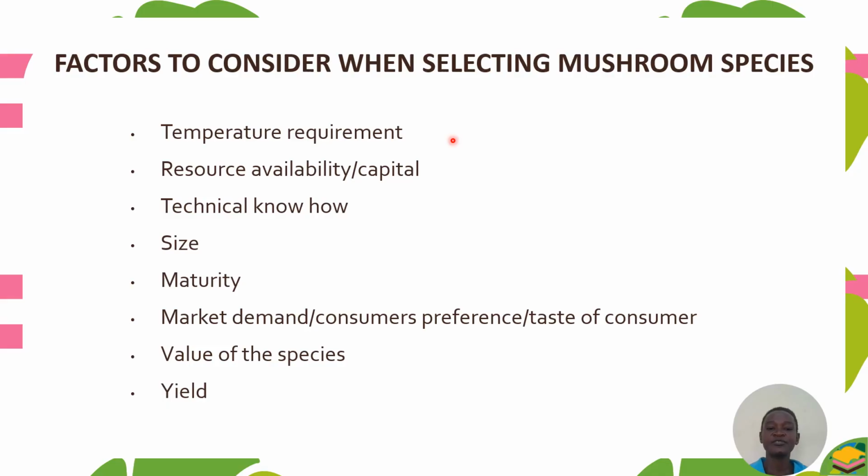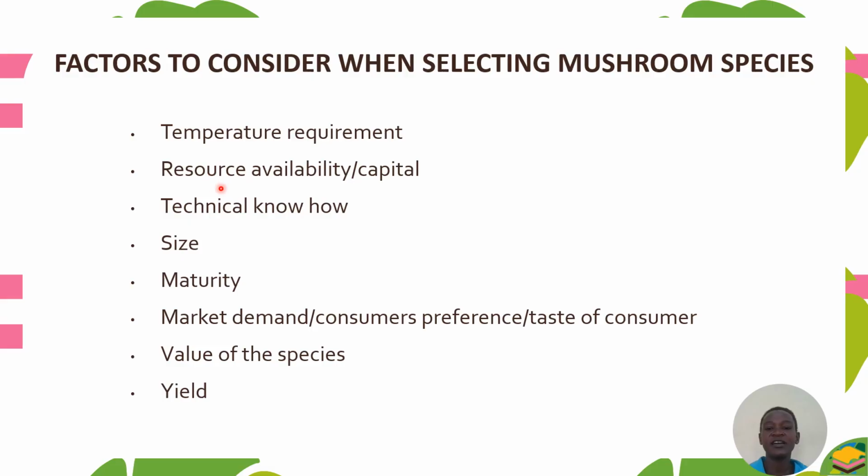While button mushroom, we said that their temperature requirement is a little bit low, a maximum of 20 degrees Celsius. So if you are living in an area where the temperature is low, you go for button mushroom in order for you to have high yield.